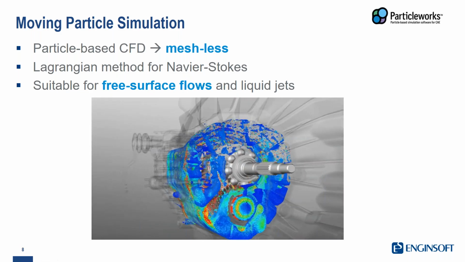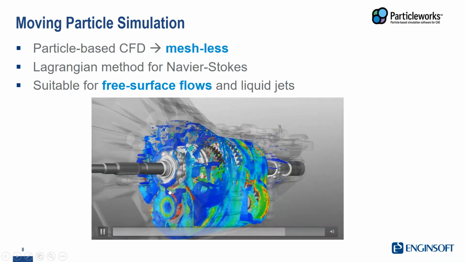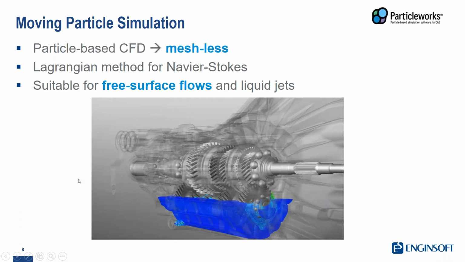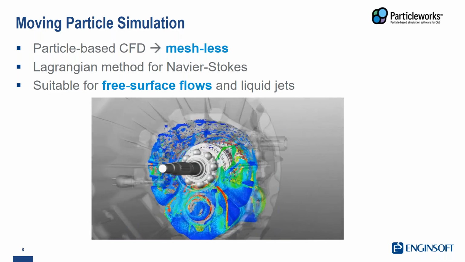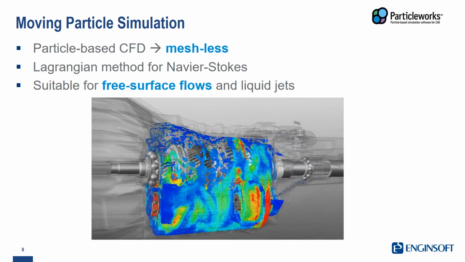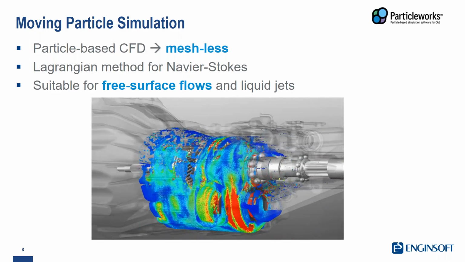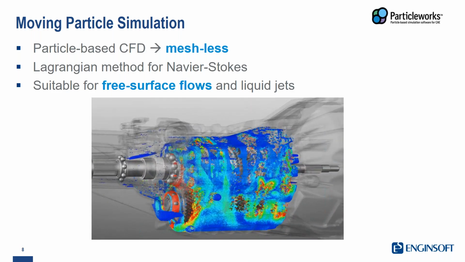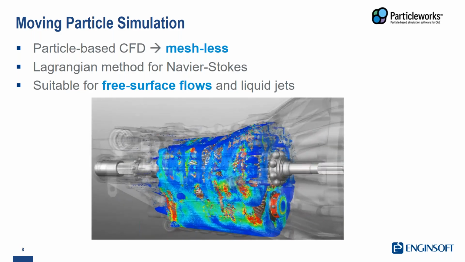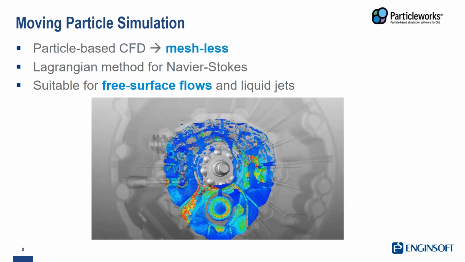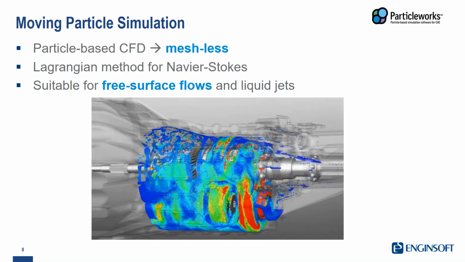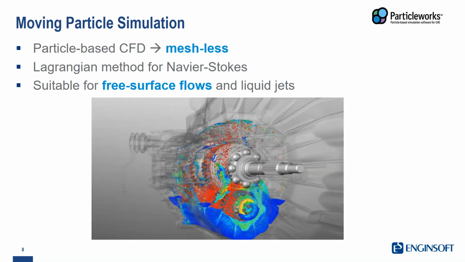So this is a Lagrangian method that, again, uses a dynamic mesh, if you wish, to solve the same equations as in conventional CFD. Because of this, it's very suitable whenever we have problems dealing with large deformation of the fluid domain and also free surface flows or liquid jets, for instance.